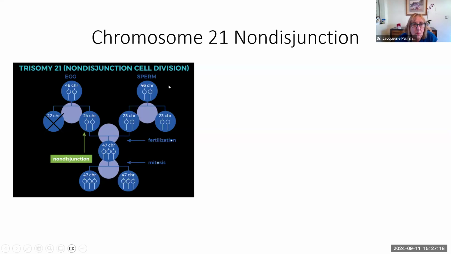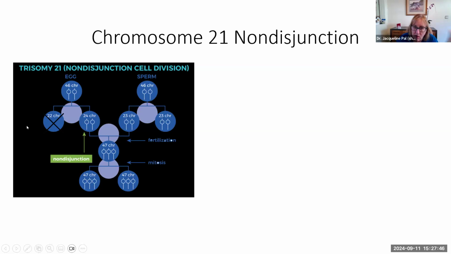And so here is what is happening. We have a sperm that has a normal 23 chromosomes, and it is fertilizing the mother cell that had non-disjunction in meiosis, and she had cells that had 22 chromosomes and one that had 24 chromosomes. So the one with 22 chromosomes died.